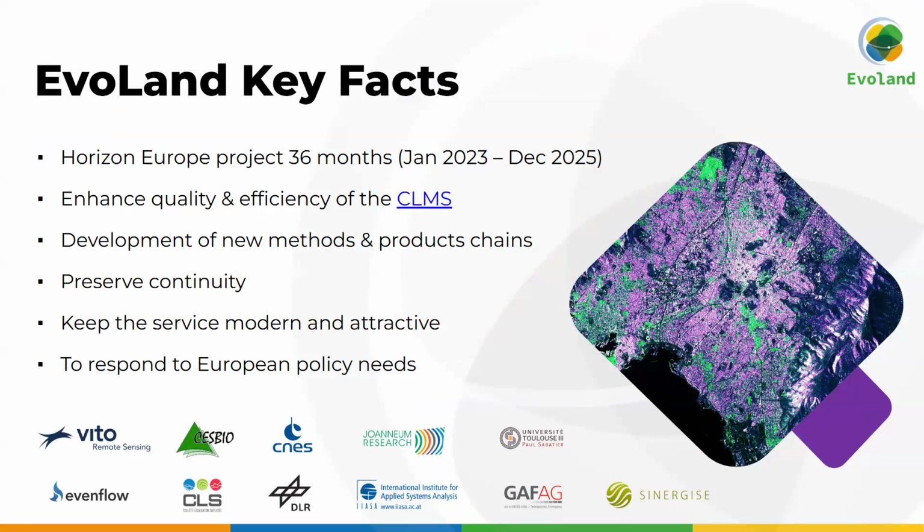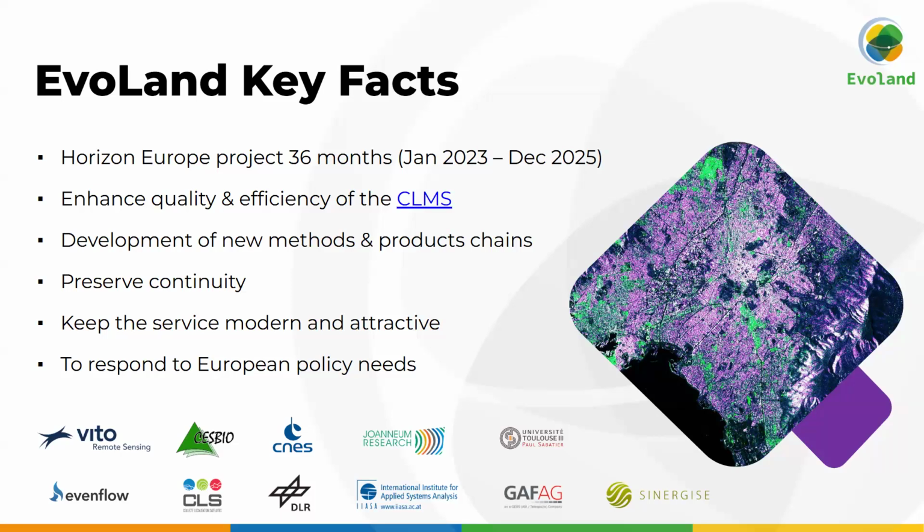And the main goal of the project is to enhance the quality and efficiency of the CLMS data sets. CLMS is the Copernicus Land Monitoring Service, and it's a vast mix of different products describing land cover changes, land use, vegetation states, water cycles, and as we heard before, the first iteration of those products is also now integrated in the CDSE.